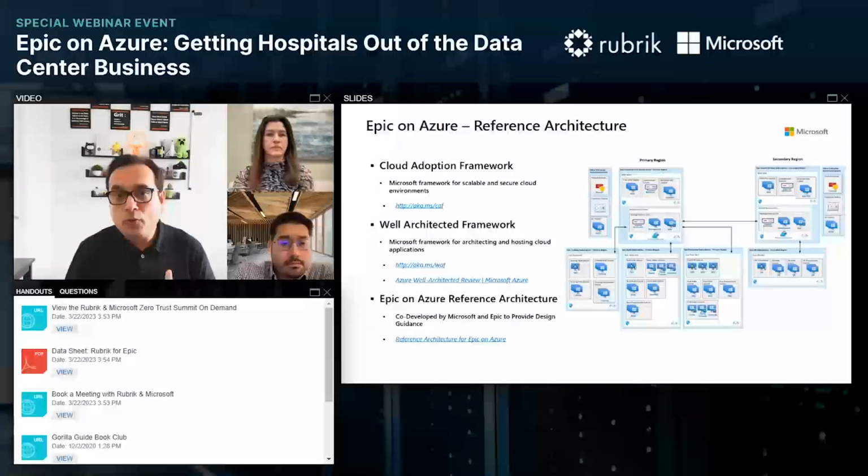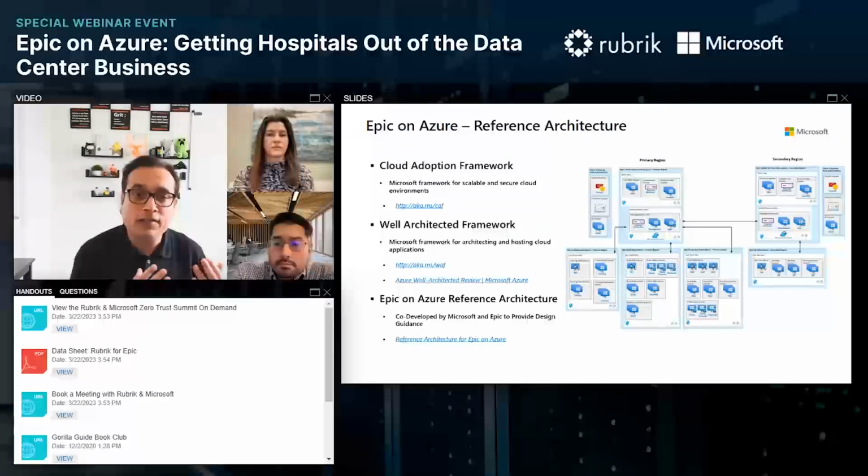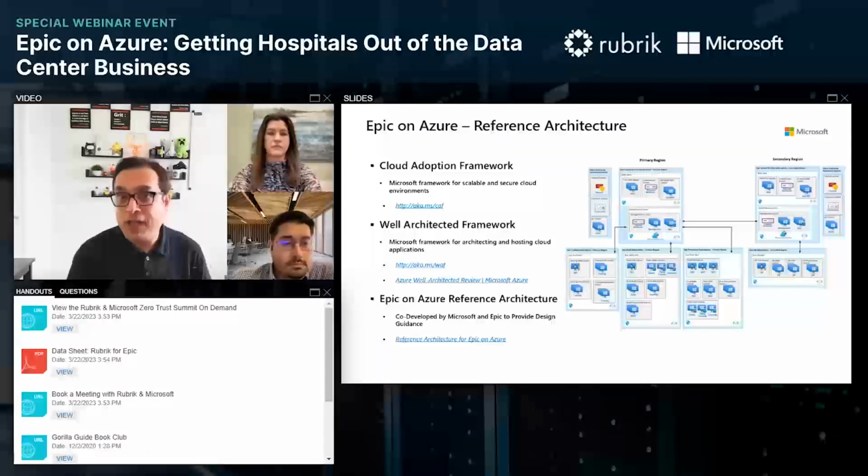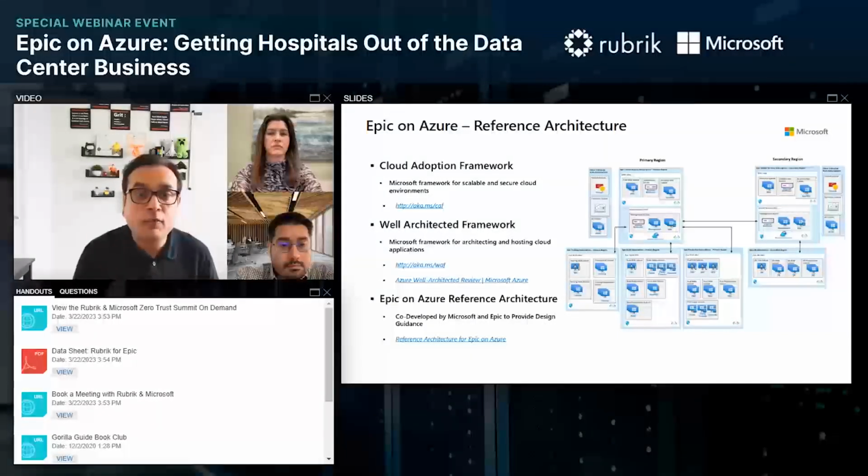So to answer these questions, we have all of this covered. For example, we've been migrating customers from their on-premises environments to Azure for the last decade. So we have a lot of experience and a lot of learning from our customers. We have our own internal learning as well. We have a dedicated engineering team who created a cloud adoption framework for Azure.